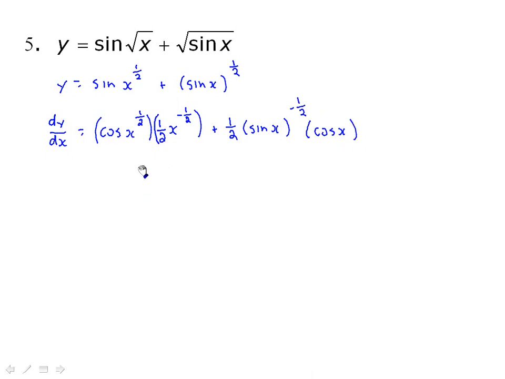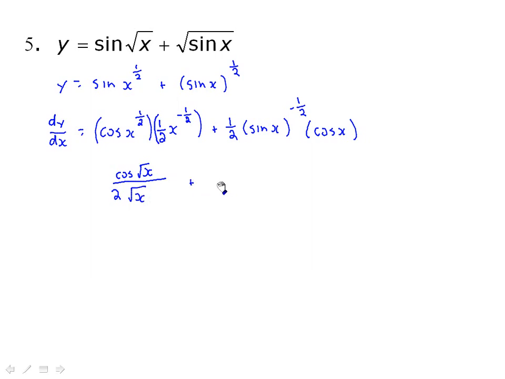And now we see what we can do with this. It certainly can be cleaned up a little bit. The cos x to the 1/2 can be written as cos. Now you could keep it as x to the 1/2, but I'm going to put it back as a radical, root x. The 1/2 would be 1 over 2, so the 2 goes on the denominator, don't need to put the 1. And then x to the negative 1/2 is square root x on the bottom.